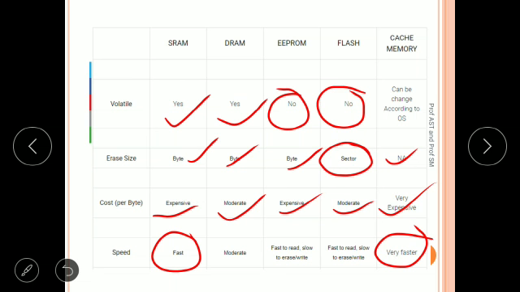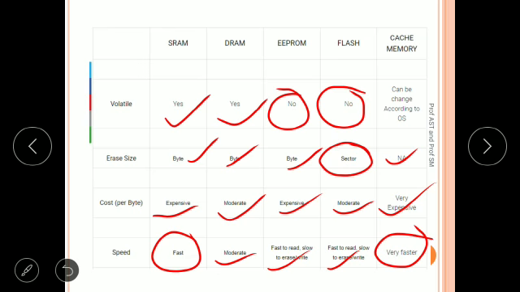But depending upon the complications handled by the embedded system, we do have different levels of cache memory such as level 1, L1 cache, L2 cache and so on. For DRAM, the speed is moderate. E2PROM is very fast to read, but slow to erase and write. For flash, once again, it's very fast to read but slow to write the content.